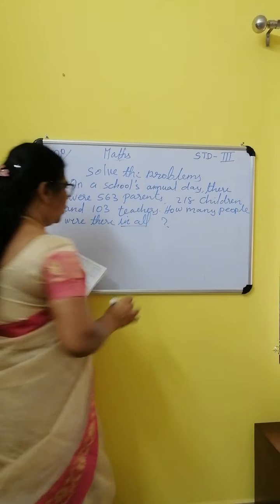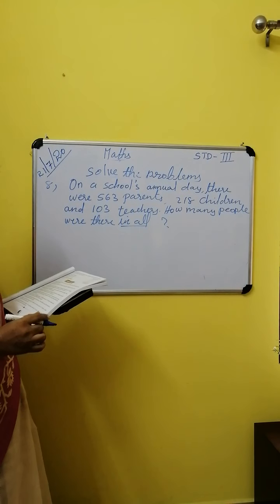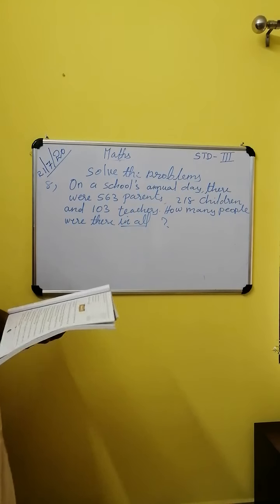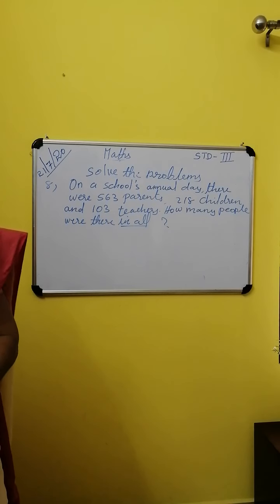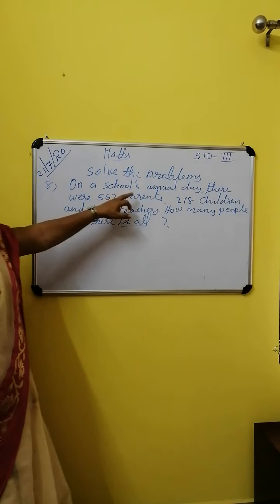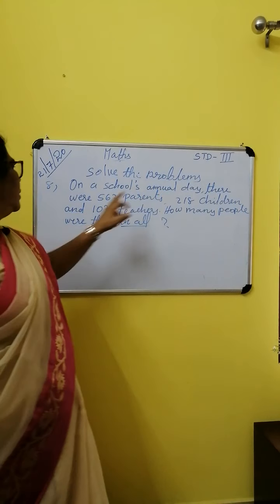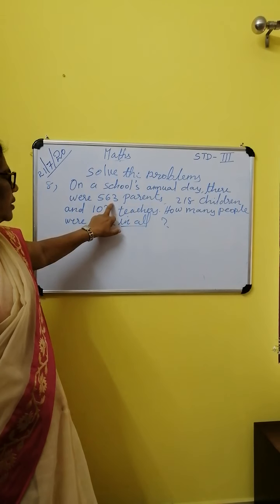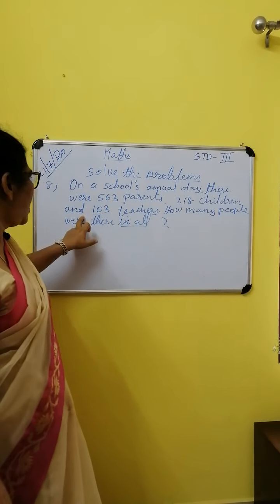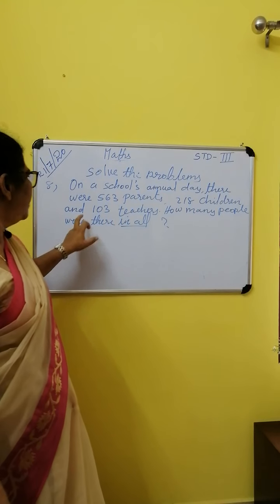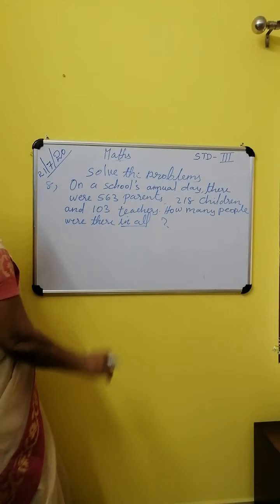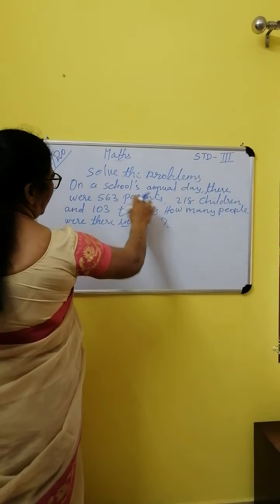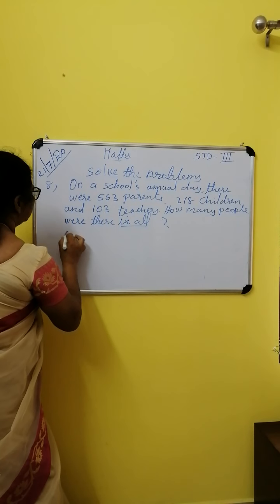See, here also in all. Okay? So you have to find the solution. On a school's annual day, there were 563 parents, 218 children, and 103 teachers. How many people were there in all? So, number of parents. Solution.